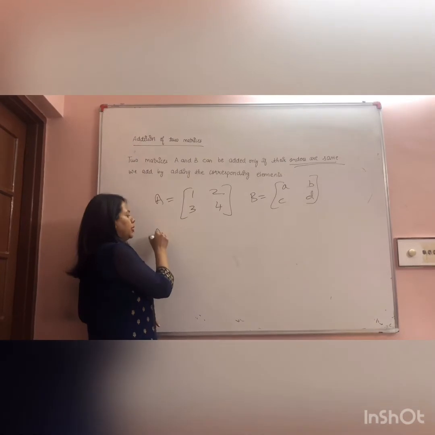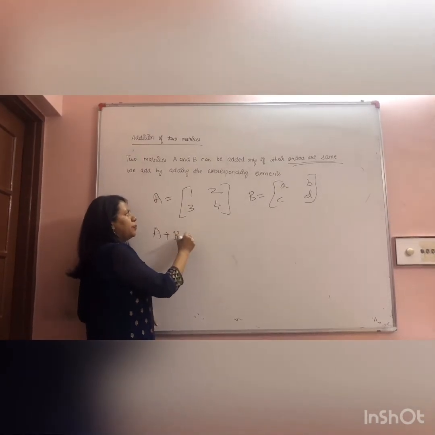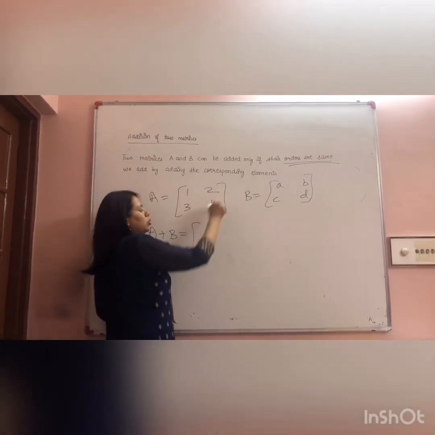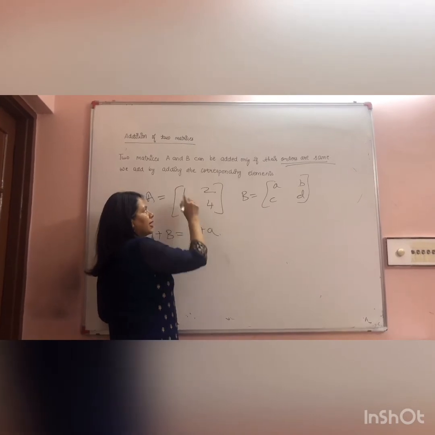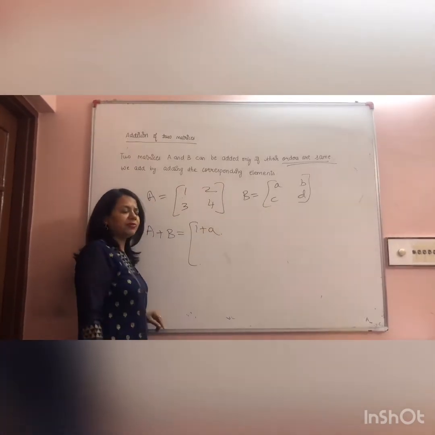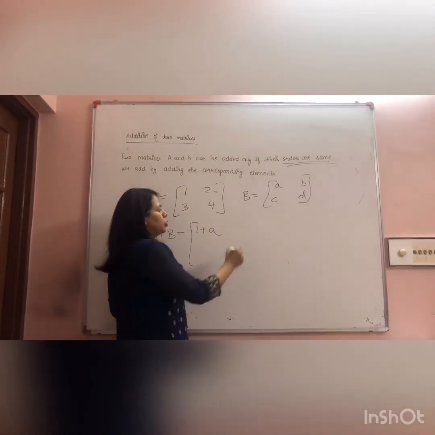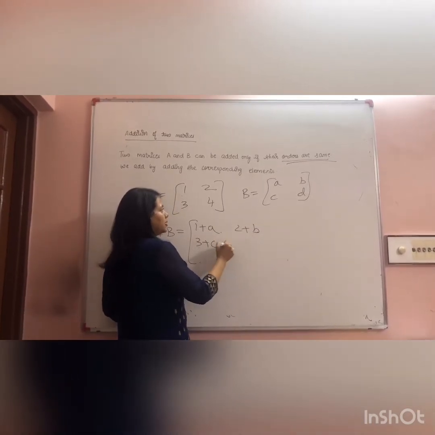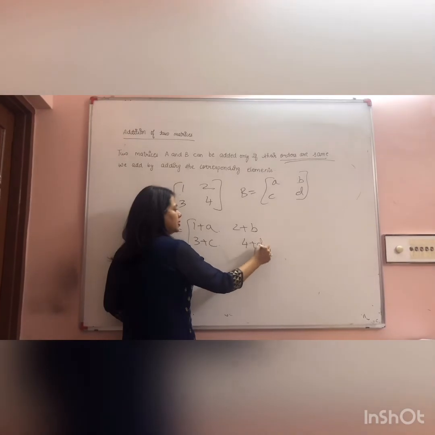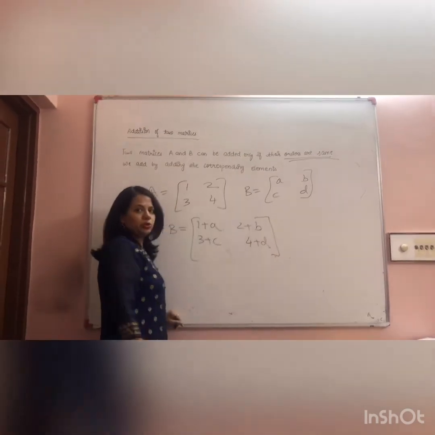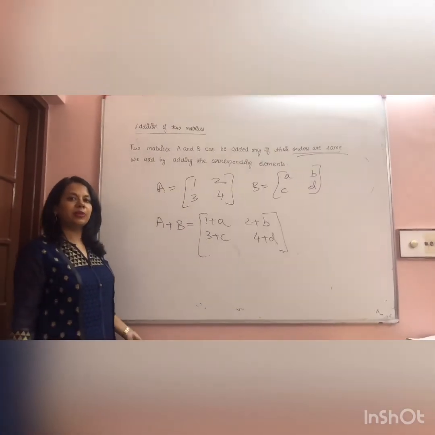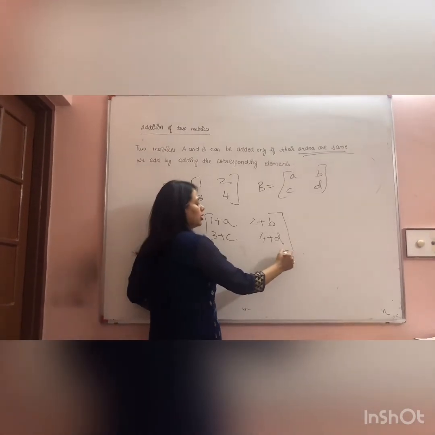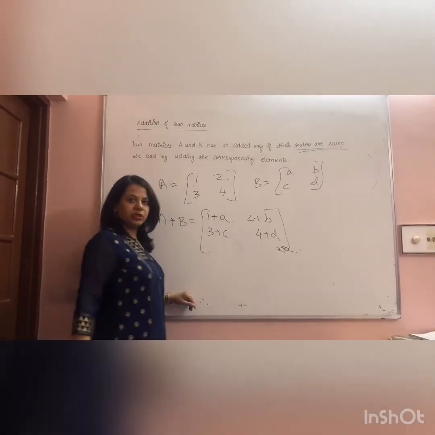Now how do I add A plus B? It would be 1 plus a. I add A11 to B11. Then I add A12 to B12. So 2 plus b, 3 plus c and 4 plus d. That is how we add two matrices, and the resulting matrix that I get would also be a 2 into 2 matrix.